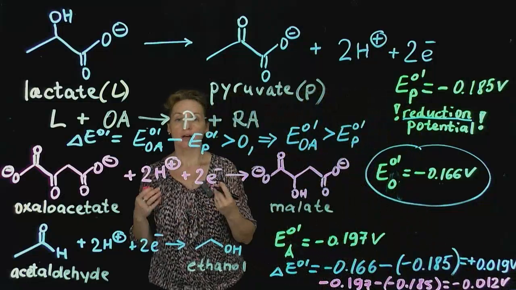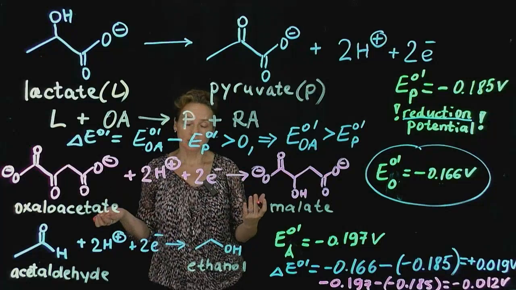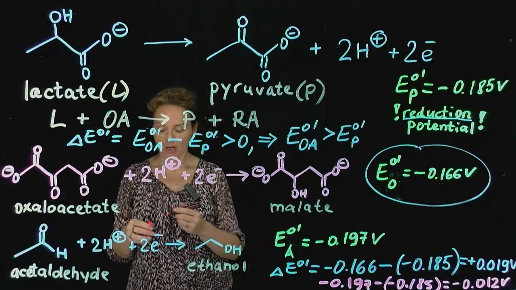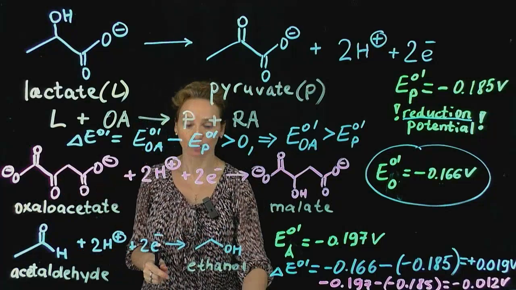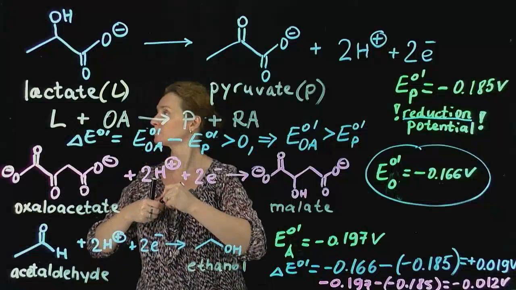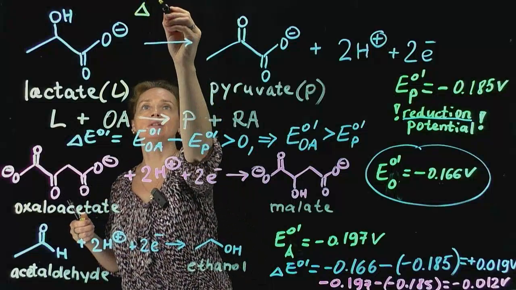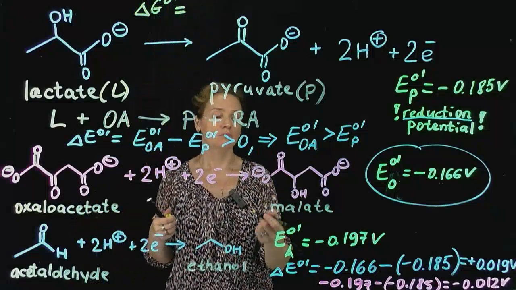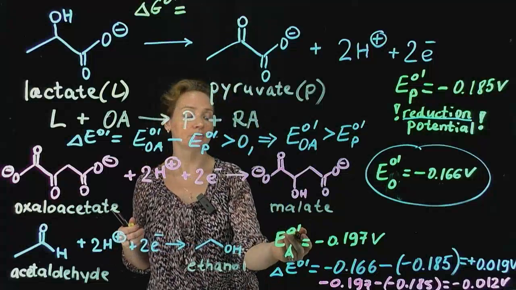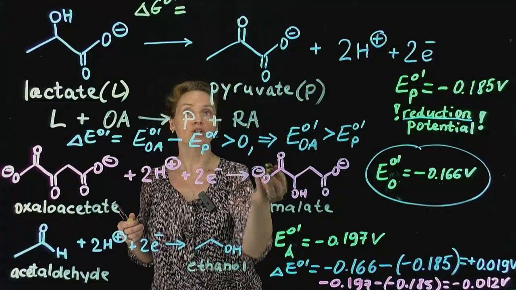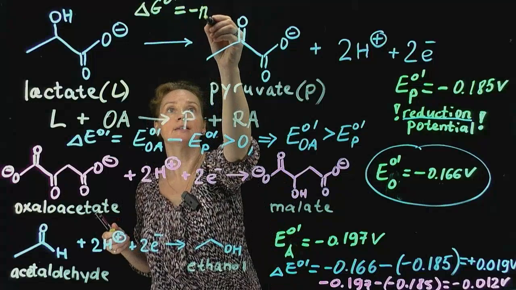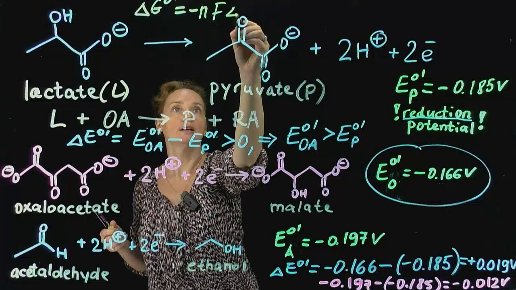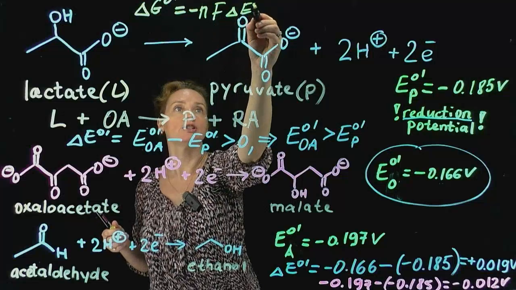And we remember that a negative difference in reduction potential translates to a positive delta G value, because we know the formula that delta G for a reaction can be determined from the difference in reduction potential as minus n, the number of electrons transferred, times F, times the change in reduction potential.